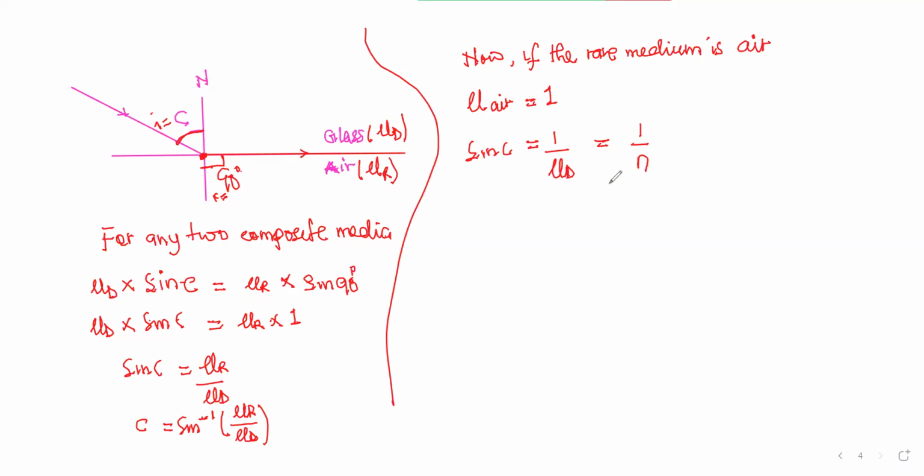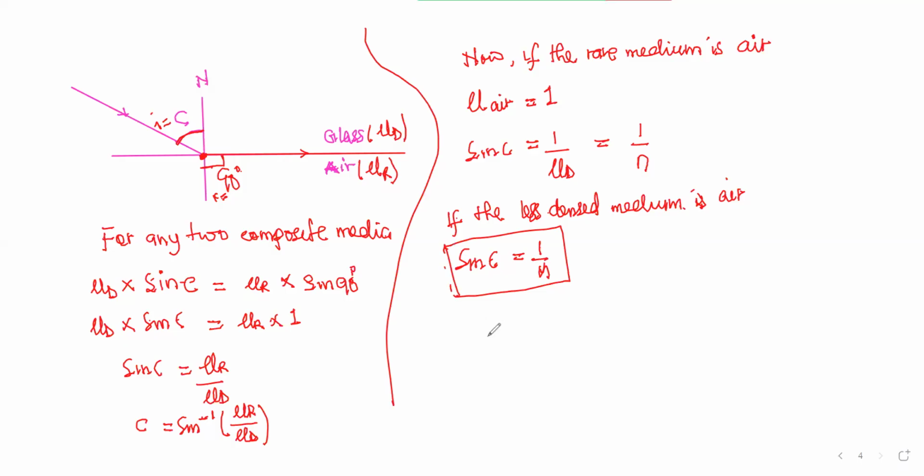Don't forget n is another symbol for refractive index. So if the less dense medium is air, then sine C is equal to 1 over the absolute refractive index of the denser medium.